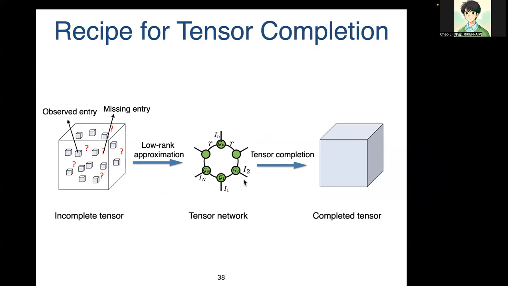Here we use the tensor ring. The core tensors would be optimized to approximate those observed entries. Once the tensor network is learned, we can reconstruct the full tensor, effectively filling in the missing values in a way that is both efficient and accurate.